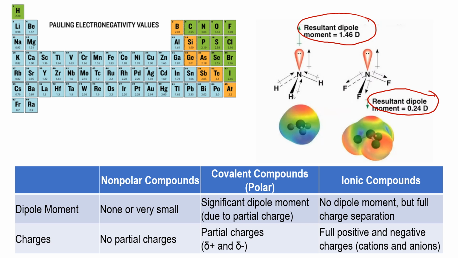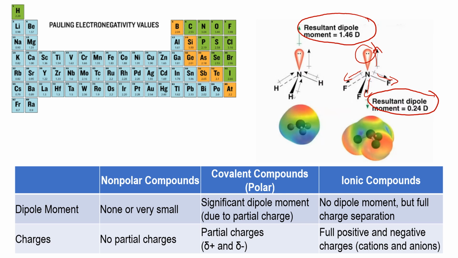And nitrogen trifluoride, despite having more electronegative fluorine atoms, has a smaller dipole moment because the dipoles partially cancel each other out, due to the orientation of the fluorine atoms relative to the lone pair of nitrogen. Thus, both exhibit dipole moments, but ammonia is more polar than nitrogen trifluoride.